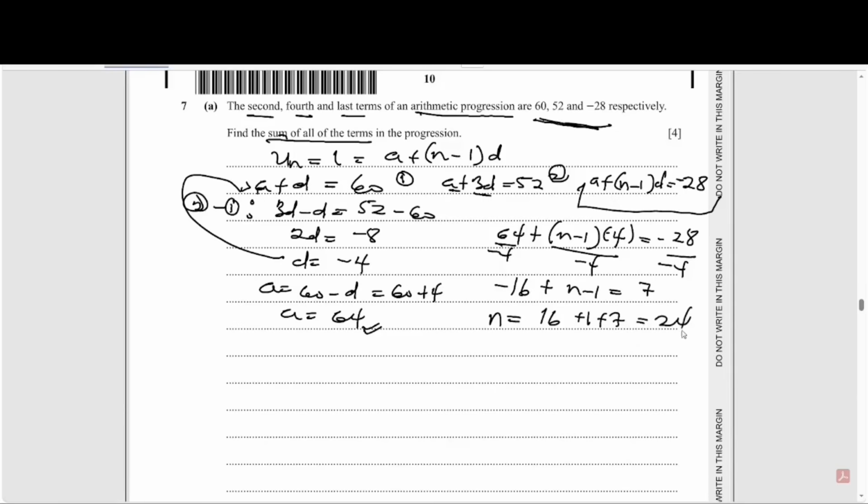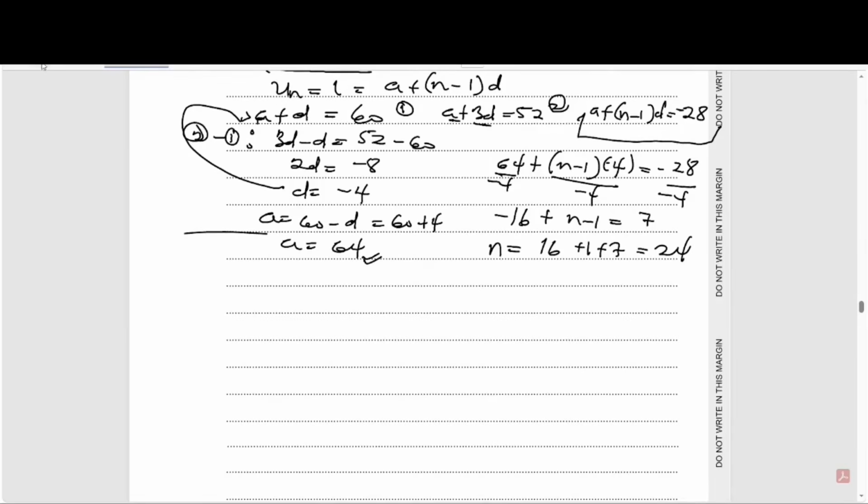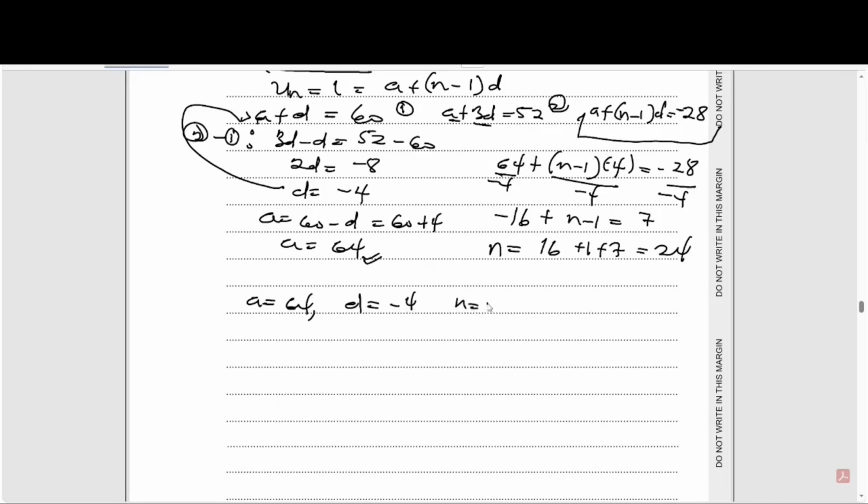So we found the value of a, d, and then n. a is equal to 64, d is equal to negative 4, and n is equal to 24. Means that there are exactly 24 terms in this sequence, and the 24th term, which is the last term, is negative 28.